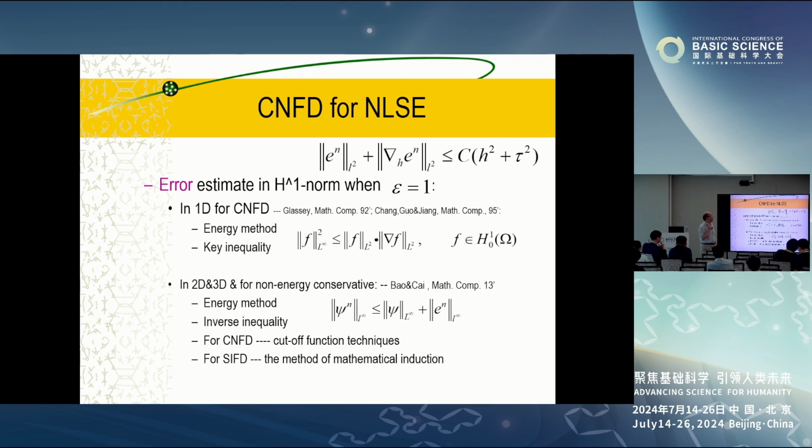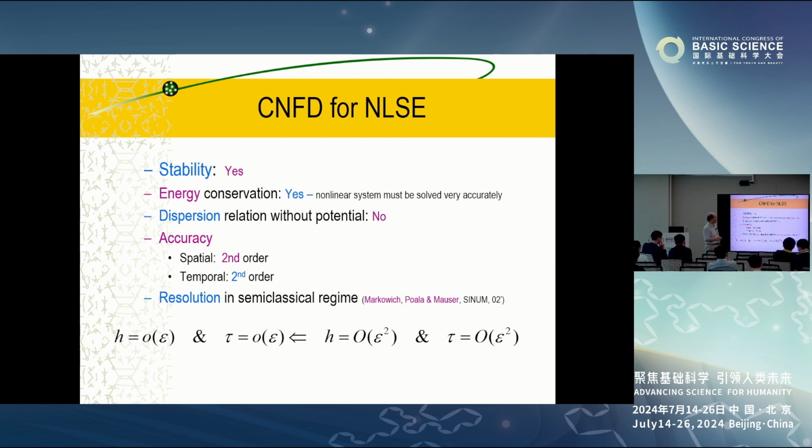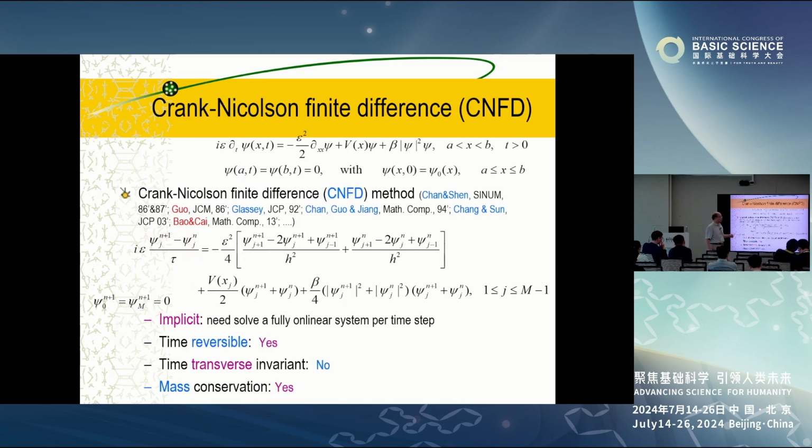So for this one, in one dimension with epsilon equal 1, there is Bob Galassi and they have studied. Basically, they show that the scheme, in L2 norm and H1 semi-norm, is second order in both space and time, but for fixed epsilon. The key point proven here is, since we prove a numerical scheme, the key is to show that the numerical solution psi Jn is bounded.